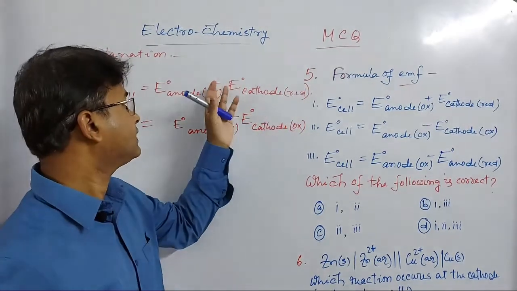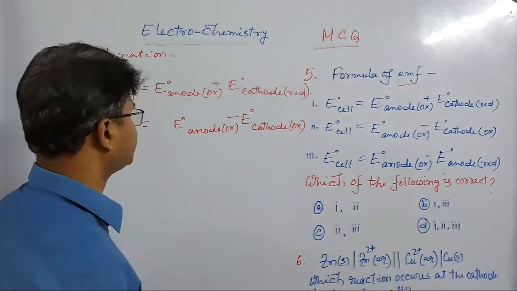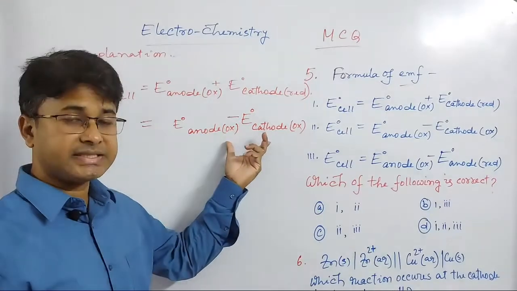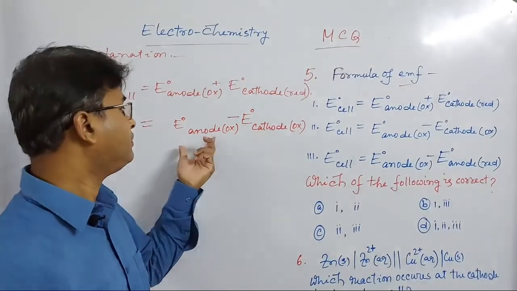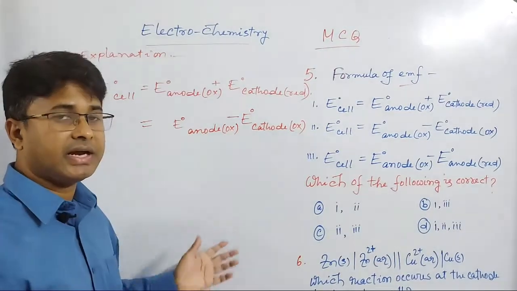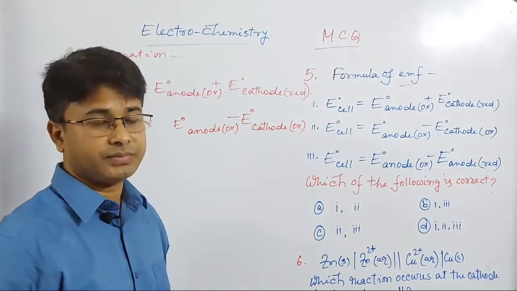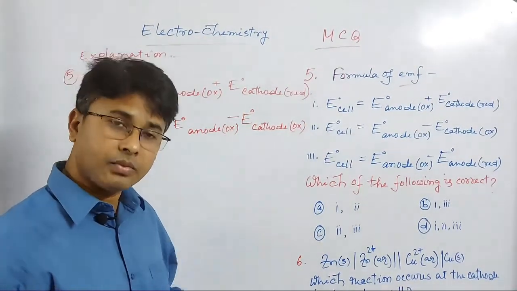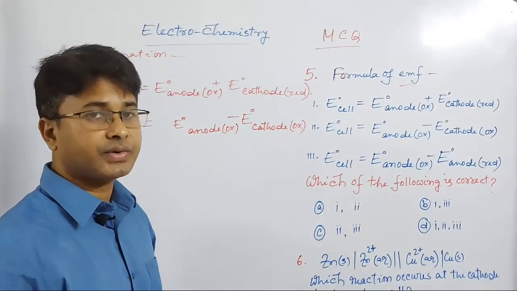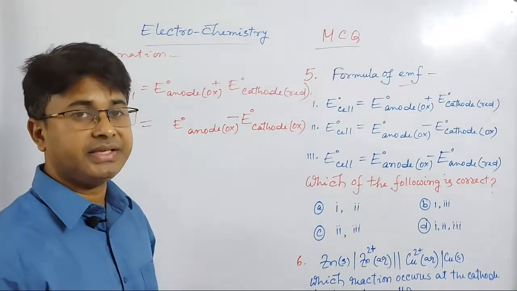That's why the sign will be opposite and it will be minus. So in this point I can say the difference of oxidation potential of both anode and cathode is called cell potential. Actually I would like to say cell potential can be represented in one more way, and already I have shown you two different ways of representation of cell potential, I mean EMF.